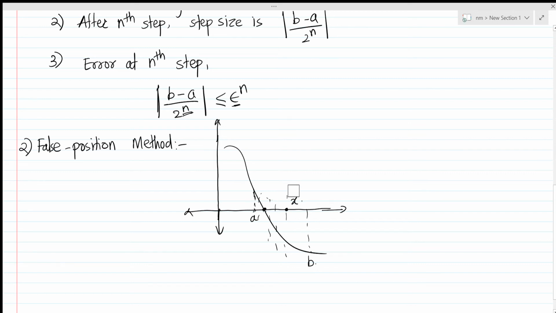So in the false position method, we derive a method that considers the function value and improves the convergence compared to the bisection method.